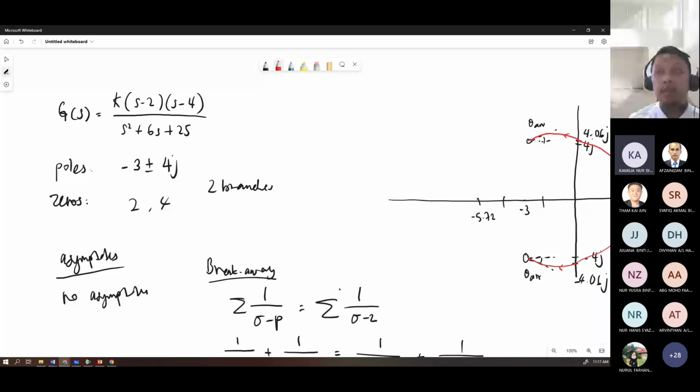And then for the manual calculation, you calculate and then compare your results with MATLAB, okay? When you calculate manually, you might calculate it wrongly. So to know whether you calculated correctly or not, compare your calculation with MATLAB. They must be 100% the same, with no error. MATLAB and manual calculation for root locus will be 100% equal.